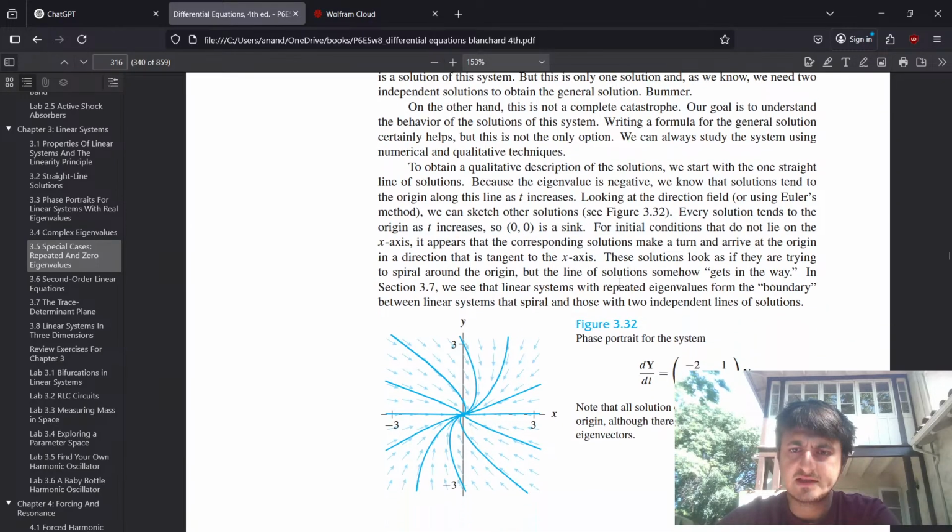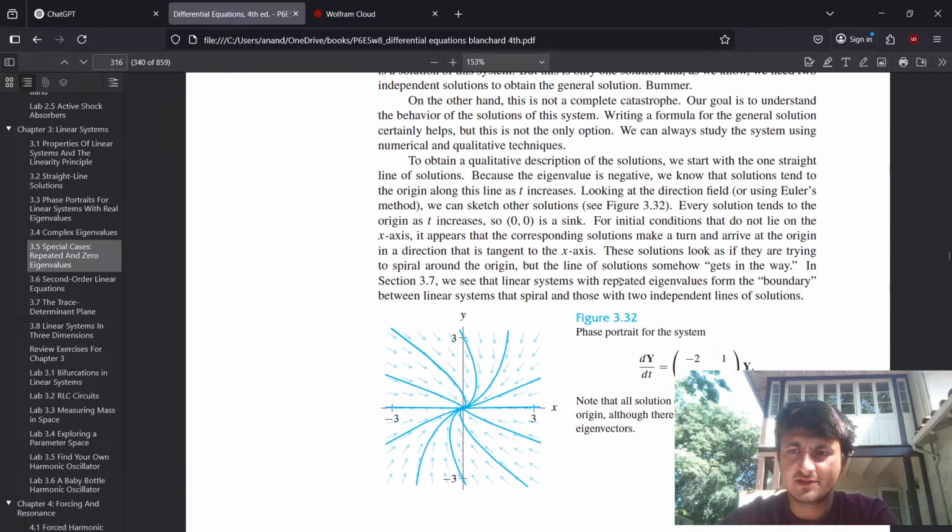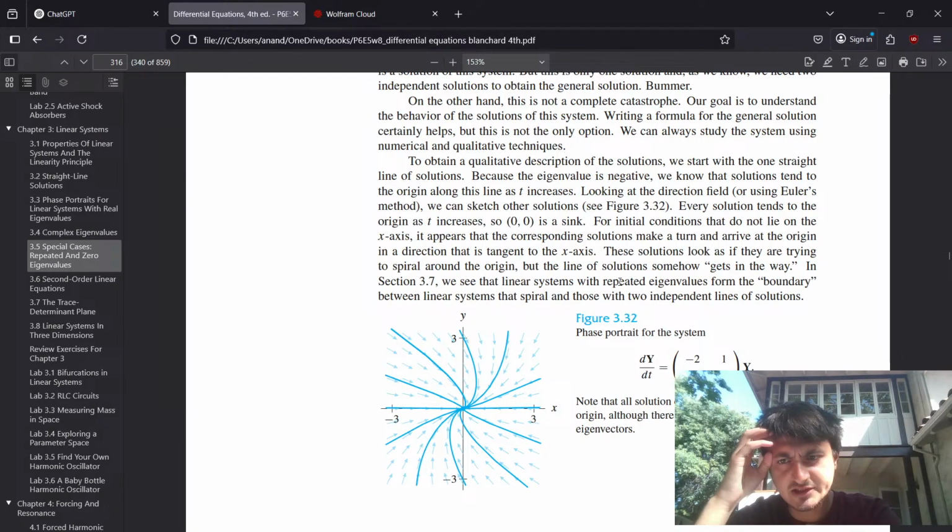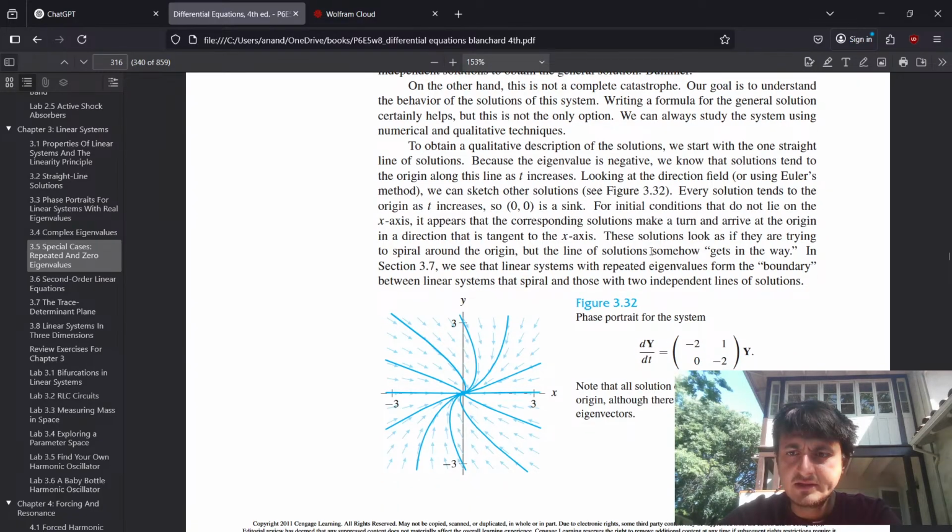So we have a sink at the origin. For initial conditions that do not lie on the x-axis, it appears that the corresponding solutions make a turn and arrive at the origin in a direction that is tangent to the x-axis. These solutions look as if they're trying to spiral around the origin, but the line of solutions somehow gets in the way.